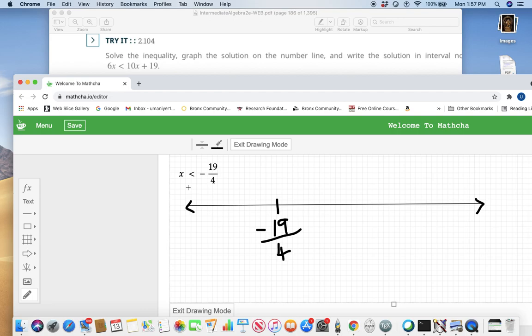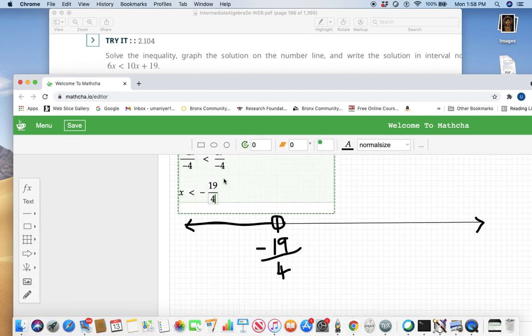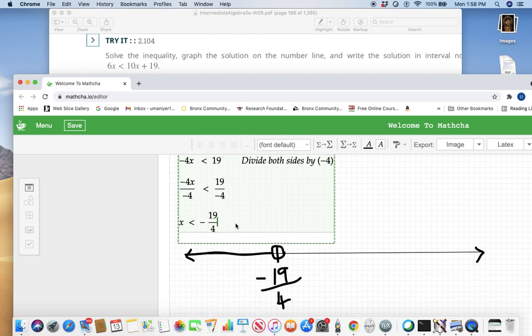Now x is less than, it is not equal. So this is an open point and you go to the left. Okay, so the solution set is all the way to negative infinity.